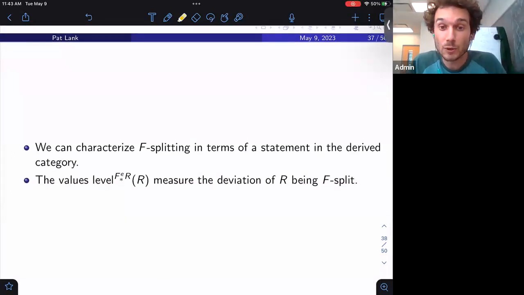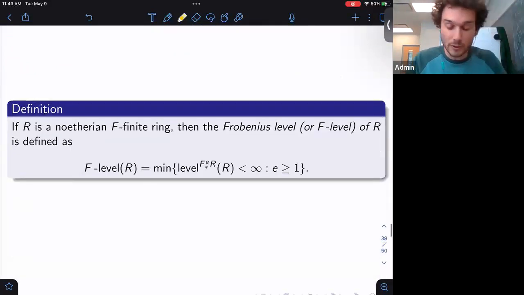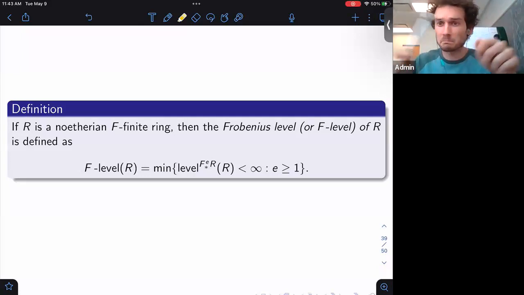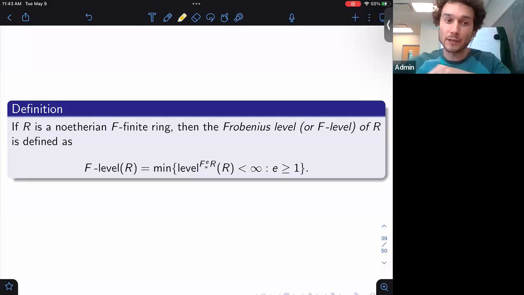So, as it says, we can characterize F splitting in terms of a statement about generation in the derived category, and the values of the level of R with respect to the e-th push forward measure the deviation of R from being F split, and that motivates the following. So we say the Frobenius level, or F level, of R is the minimum of the level of R with respect to the e-th push forward, where I let the iterate e just range over all values 1, 2, 3, all up to infinity.